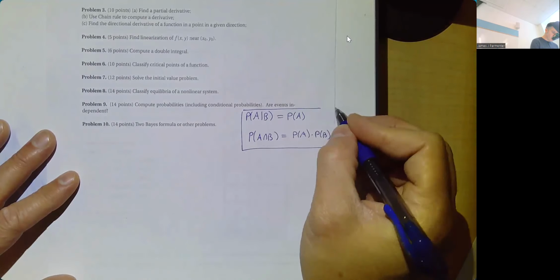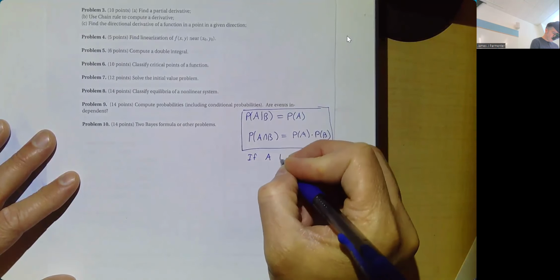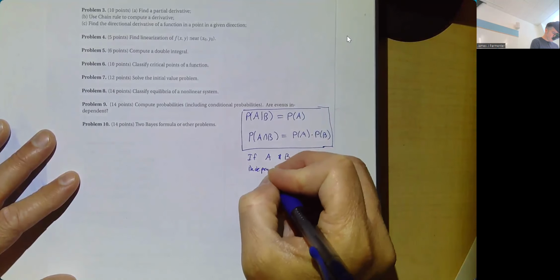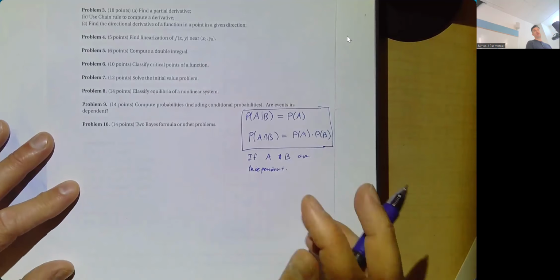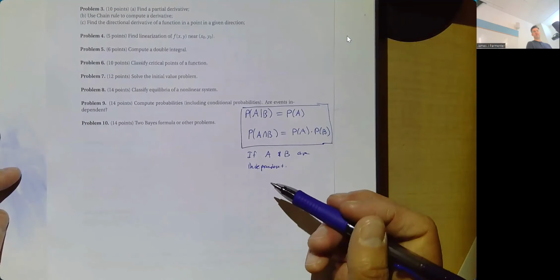This is not generally true. If A and B are independent. Or in other words, if you're trying to show they're independent, you try to show that one of these two things is true. And they're really the same thing. There's just a different version of the same formula.